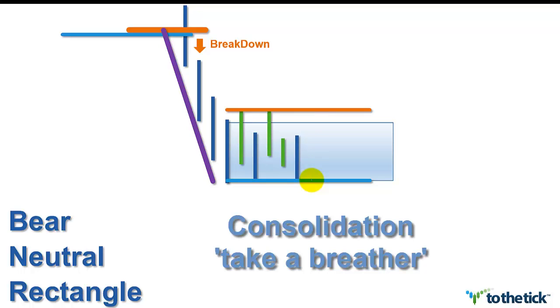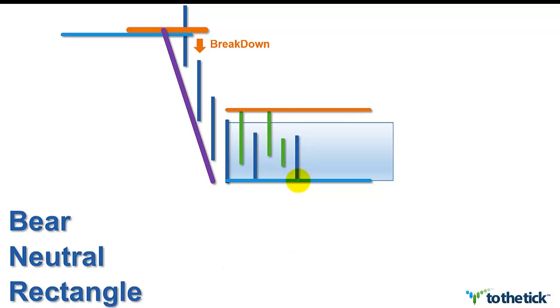We want to see more or less equal efforts on both resistance and support during this period of consolidation. But again, a neutral rectangle itself indicates market indecision. It's an equal balance of buyers and sellers, or put another way, supply and demand is equal. So how do we get an edge?